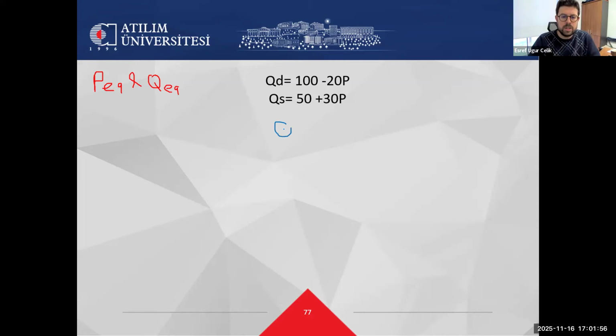What is the equilibrium condition? QD equals QS. What is the QD? 100 minus 20p equals 50 plus 30p. Let's put one side to the apple and the other side to the orange.